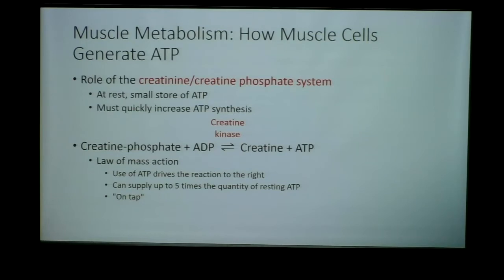So what happens in this process? We can generate a small amount of ATP very quickly by taking creatine phosphate, which has a phosphate bound to it, and using the enzyme creatine kinase, we can make some ATP by snatching this phosphate off of creatine, putting it onto ADP, and making ATP that way, okay?